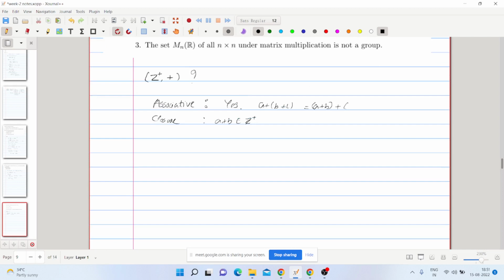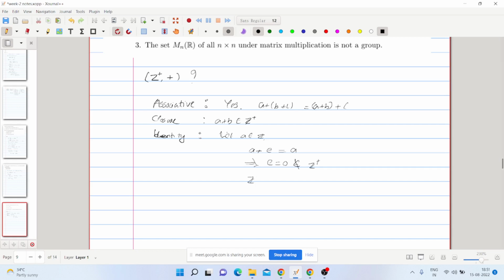Now, what about identity? Let a be in Z plus. Is there any e such that a plus e equals a? No such e exists, because the only possibility is e equal to 0, and e equal to 0 does not belong to Z plus.